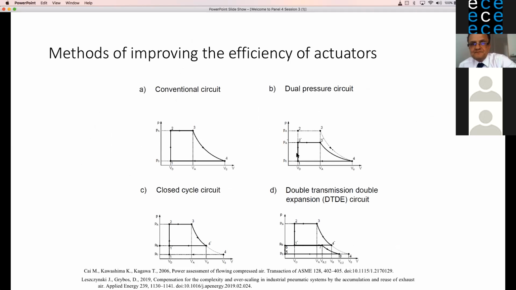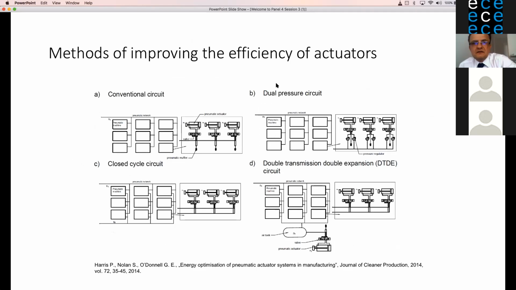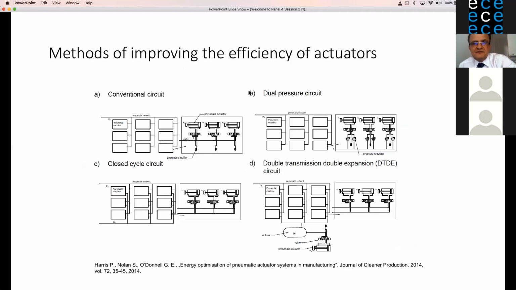We have some different methods which we try to use to improve the efficiency of the pneumatic cylinder.